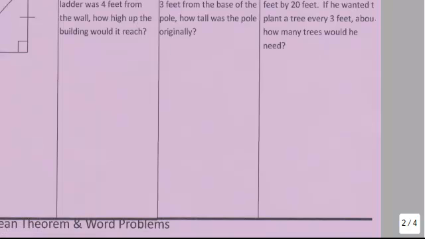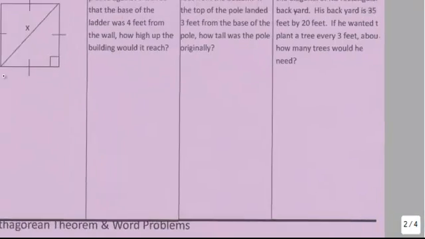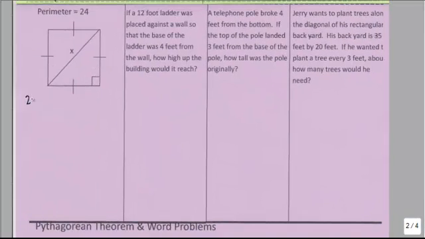Okay, these are word problems for Pythagorean theorem. This is a square since all the sides are congruent. That's what these tick marks mean. All the sides are congruent. And my perimeter is 24. Since all four sides are the same, you just divide 24 by 4 to see what each side is, which means each side is 6. And this points to my hypotenuse, so x is my c.